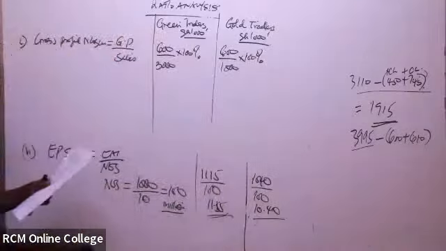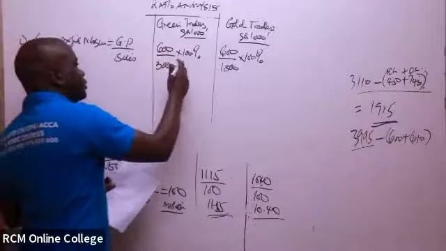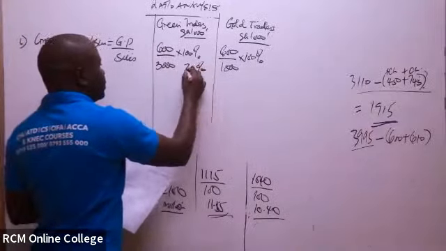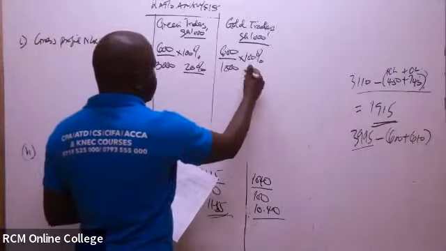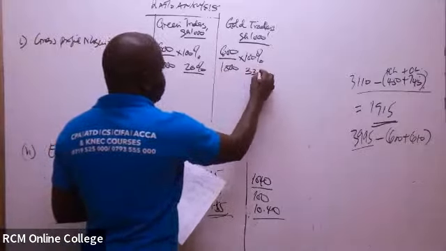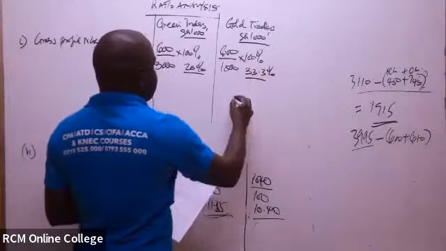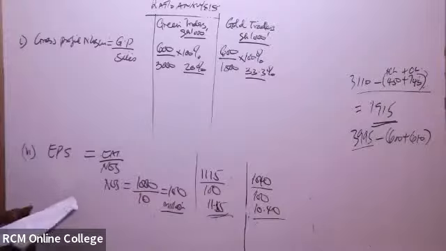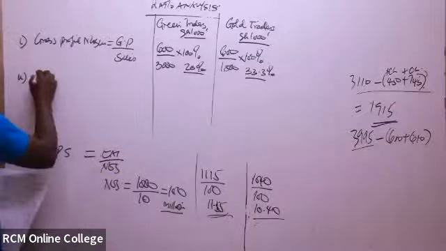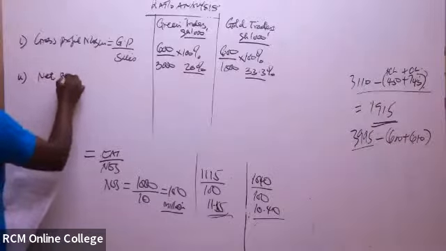So this one is 20%, and this one is a third, so this one is 33.3. You can confirm the figures. Yes, 20 and 33.